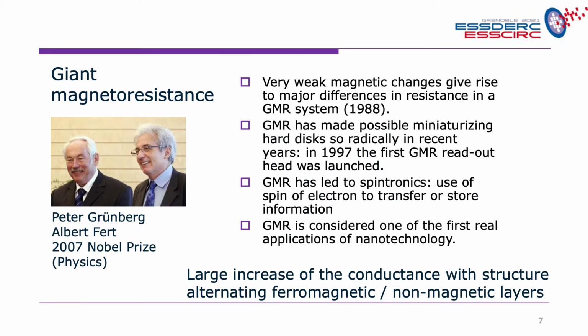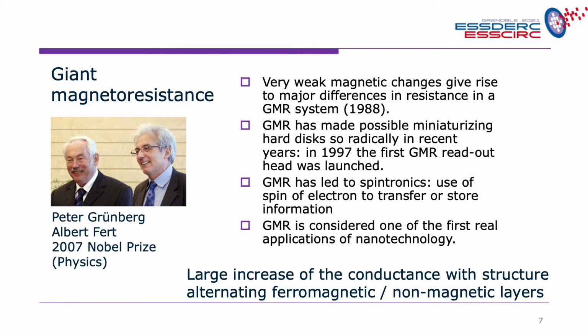After Lord Kelvin, around 1988 and afterward, Peter Grünberg and Albert Fert got their Nobel Prize because of their invention based on giant magnetoresistance, called GMR.